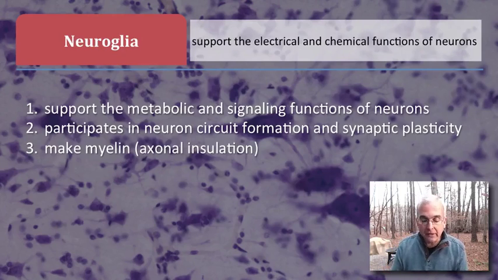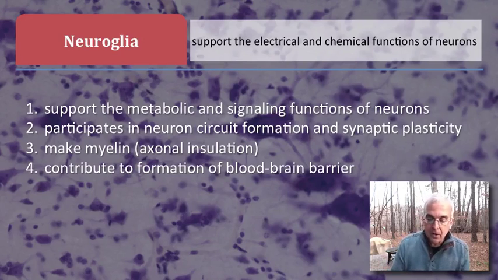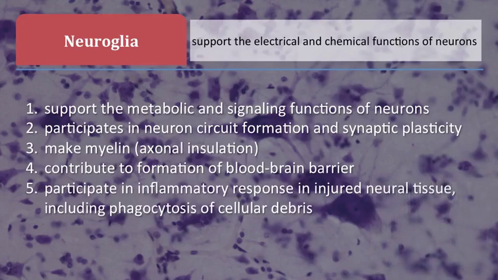Certain types of glia make myelin, which is a form of insulation around axons that aids significantly in the propagation of electrical signals along this component of the neuron. Glia contribute to the formation of the blood-brain barrier. We'll have more to say about that at the end of the tutorial.